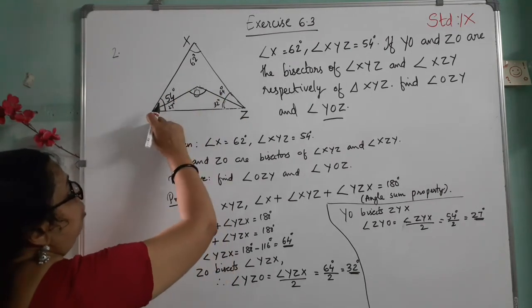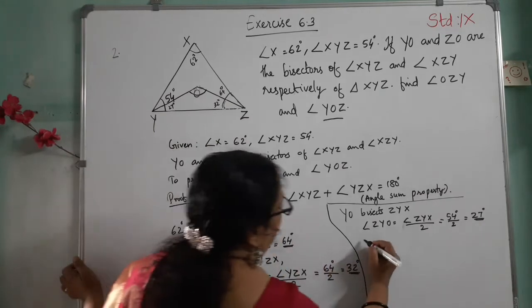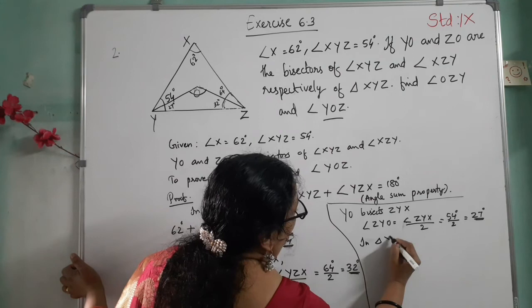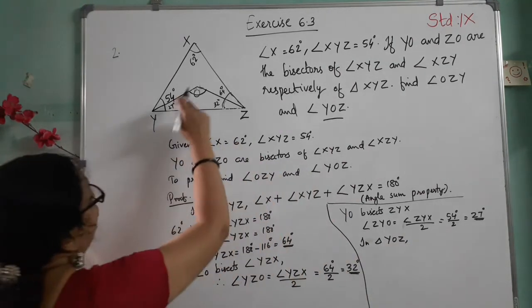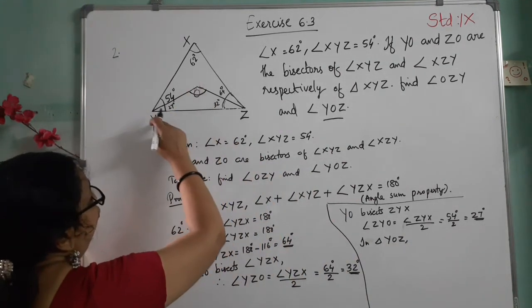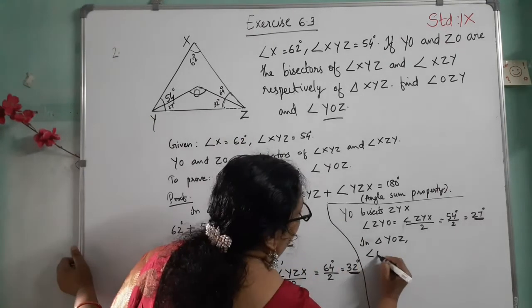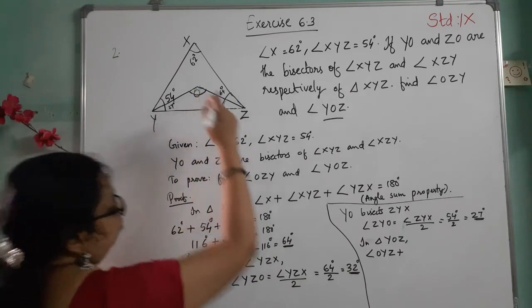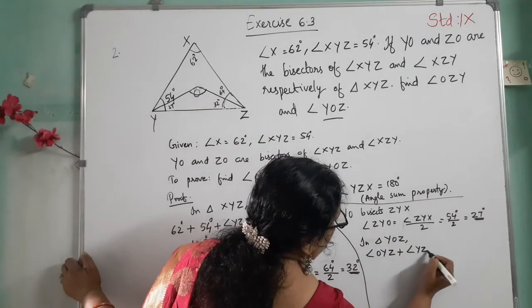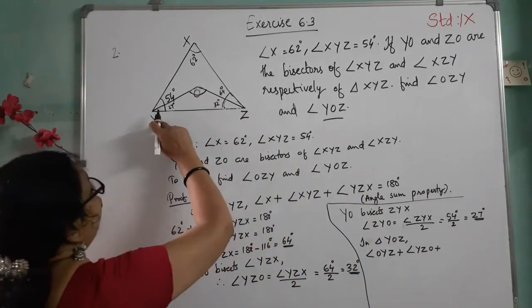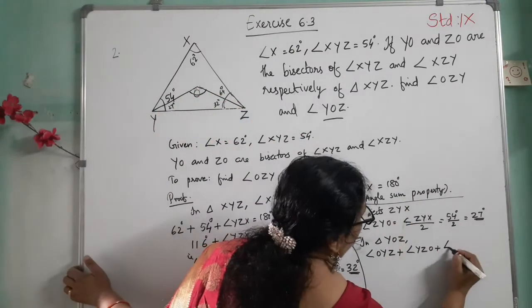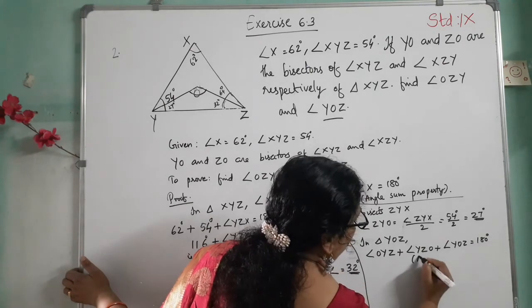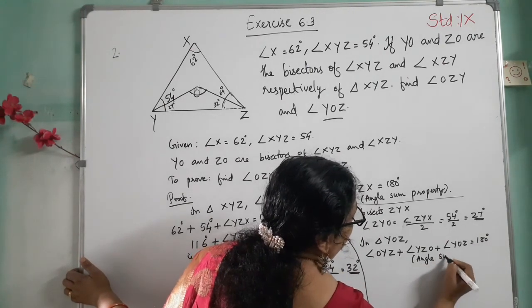So consider YOZ. Therefore in triangle YOZ, that is angle OYZ plus angle YZO plus angle YOZ equal to 180 degrees. Angle sum property.